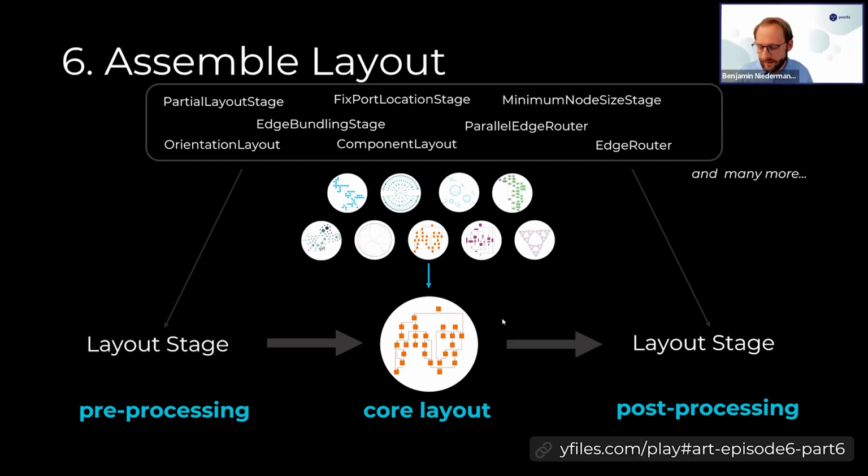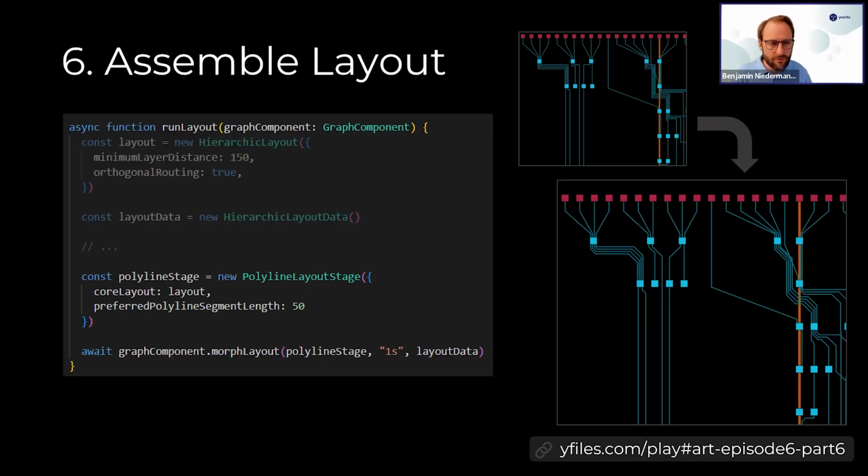In our example here, I would like to show the polyline layout stage, which shows the typical application of these stages. So again, you have this hierarchic layout, and then you also have this polyline stage. This polyline layout stage expects a core layout, which is the hierarchic layout. As I said, the stage is basically wrapped around this core layout algorithm.